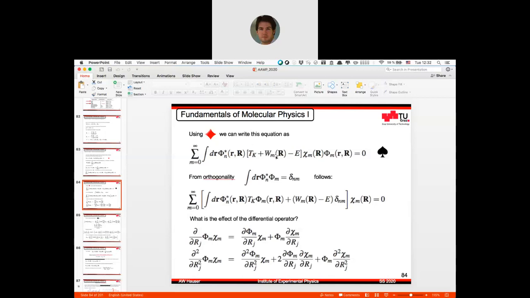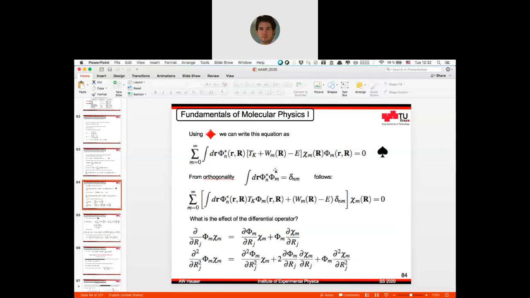Okay, now I can use the orthogonality of the electronic wave functions n and m as follows. We see T_K is an operator which contains derivatives with respect to the nuclear wave function, which is here on the left-hand side. So we cannot so easily take this operator out and perform this integration. So this has to stay in.